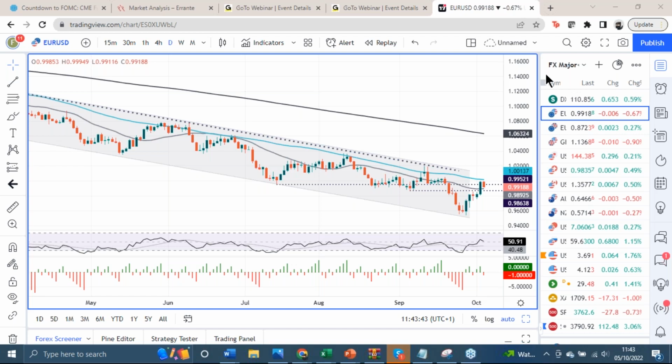So key level there. If we do roll over, the 21-day moving average is at 98.92, and then nearer term, the 6th of September low around 63 as well. So if we do roll down, there's near-term support there.